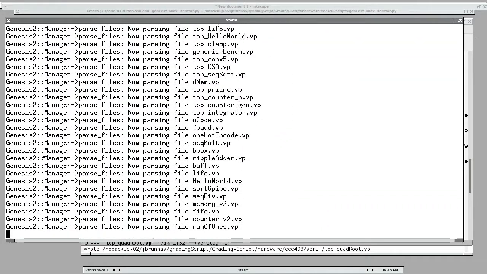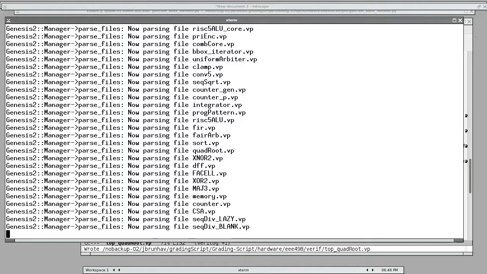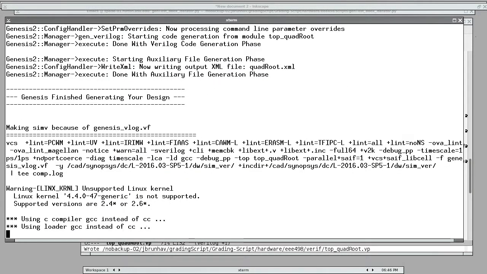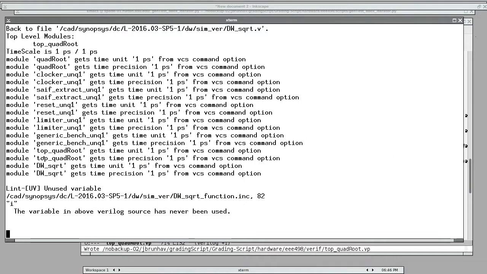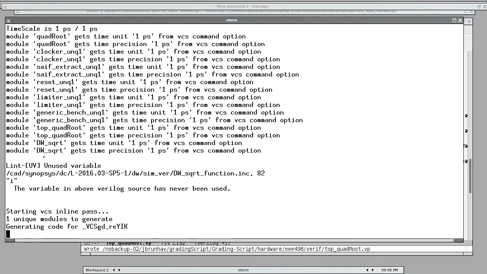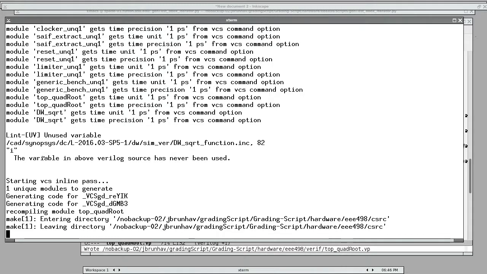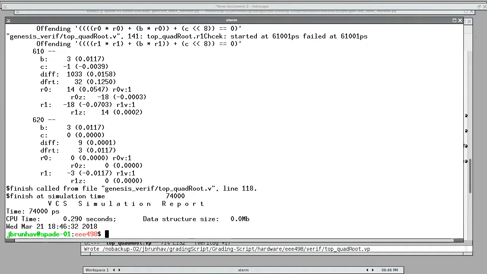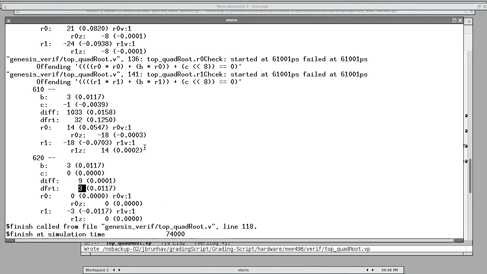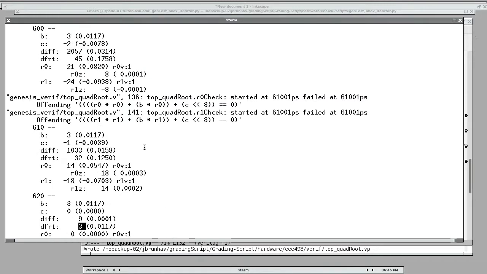My impulse would be to say that the unit is correct. I am either using it wrong or I do not understand what it does. So yeah, spot on. The square root of 9 is 3. Good work. The square root of 1033 is 32.